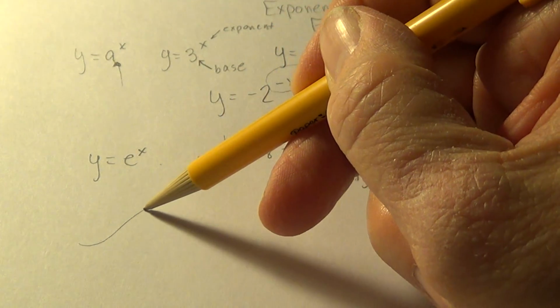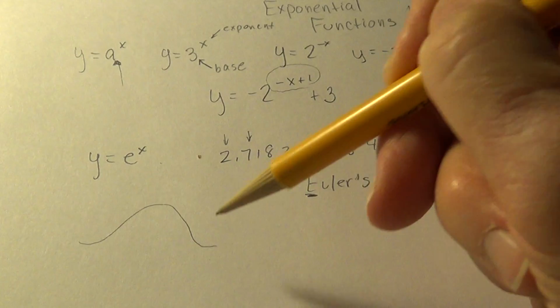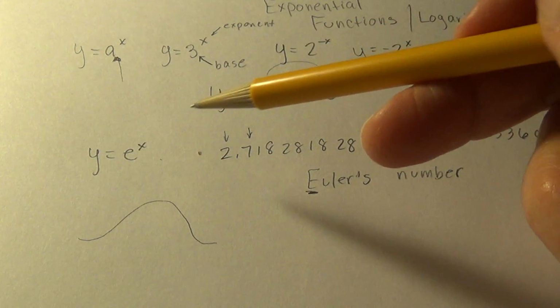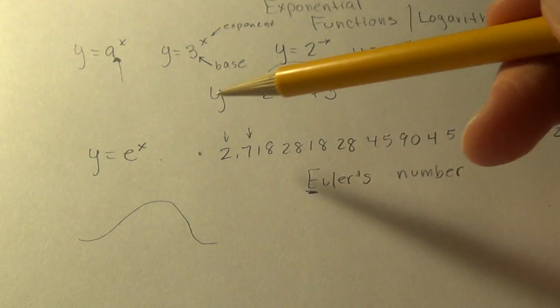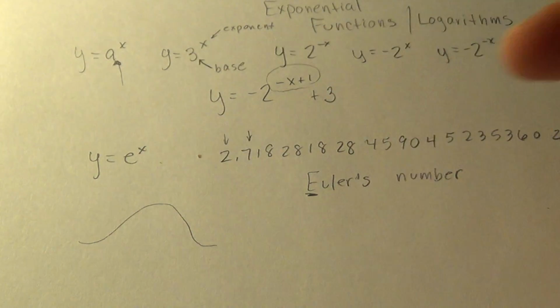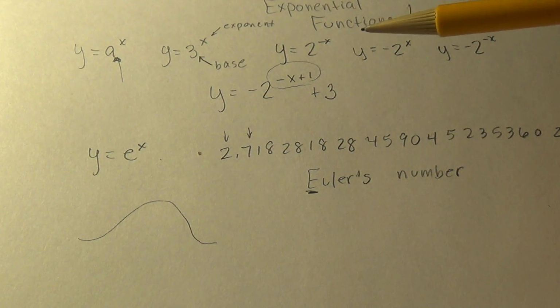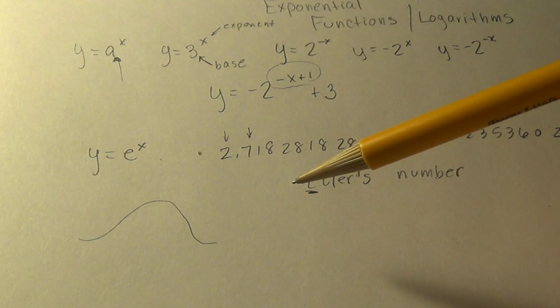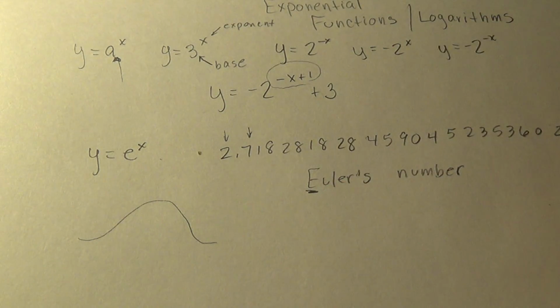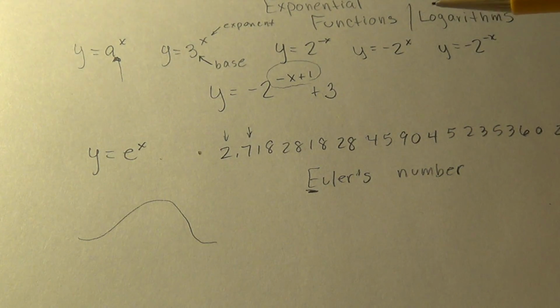In stat class, we look at the normal bell-shaped curve, and its formula has E in it. It's basic to radioactive decay, chemicals that behave that way, elements that decay radioactively are obeying a formula with E in it, and it goes on and on and on.